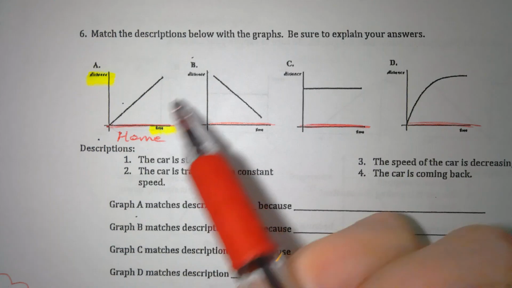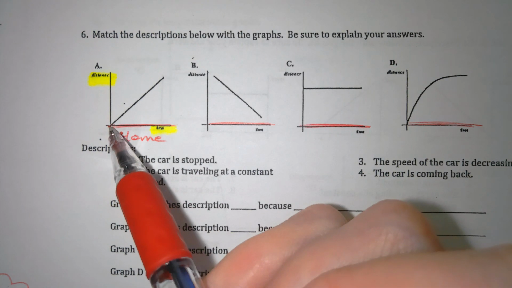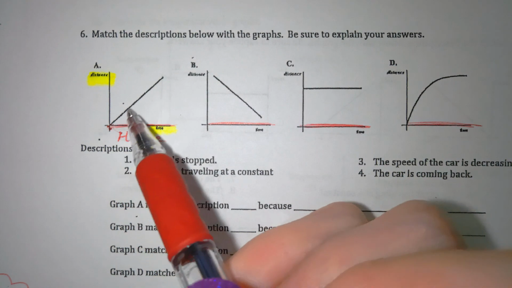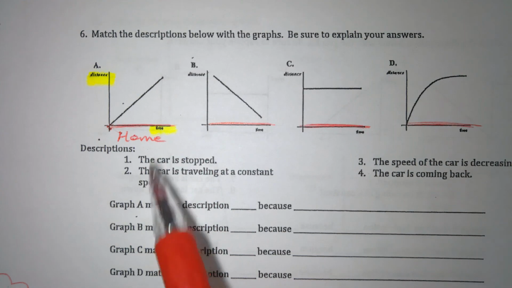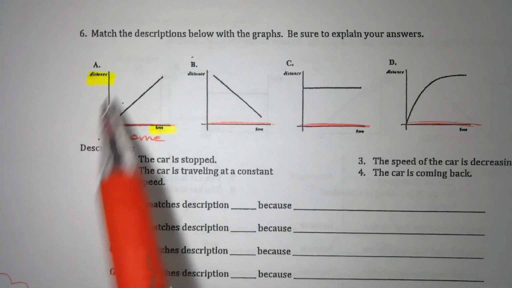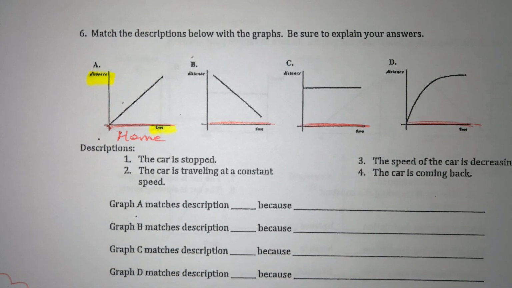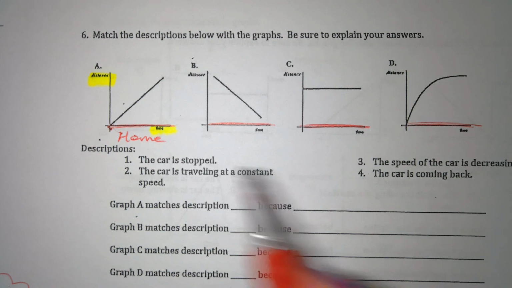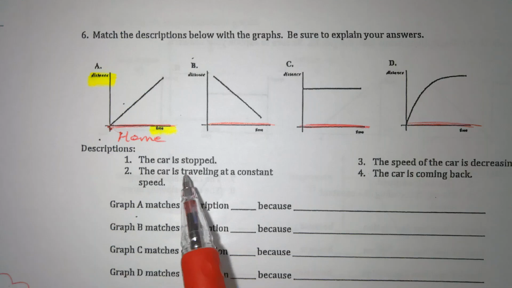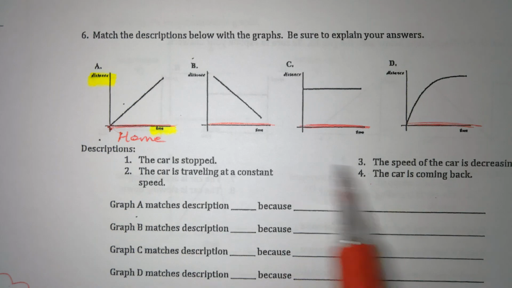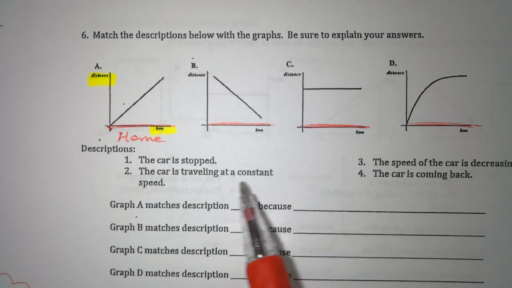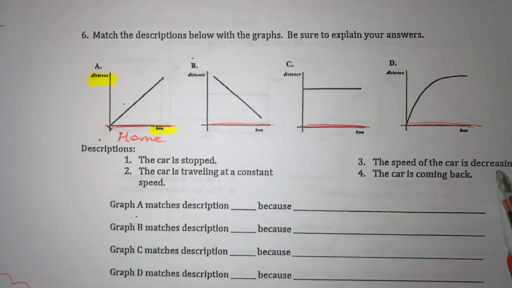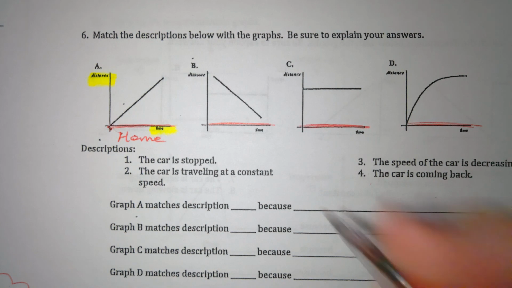So if you start off at home and then you go like this, how would you describe this graph in terms of distance and time? The longer the distance, the more time it takes. Okay, so which one would represent that? Is the car driving at a constant speed or increasing? It's constant, right?